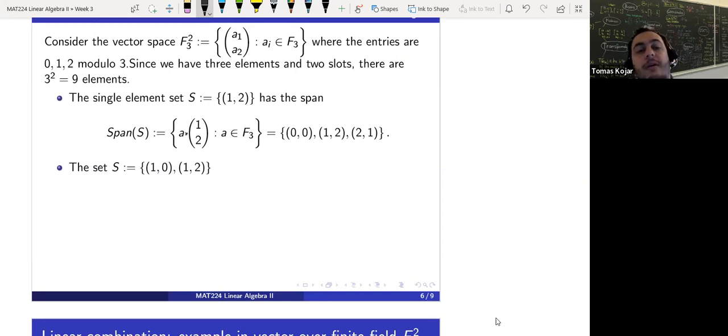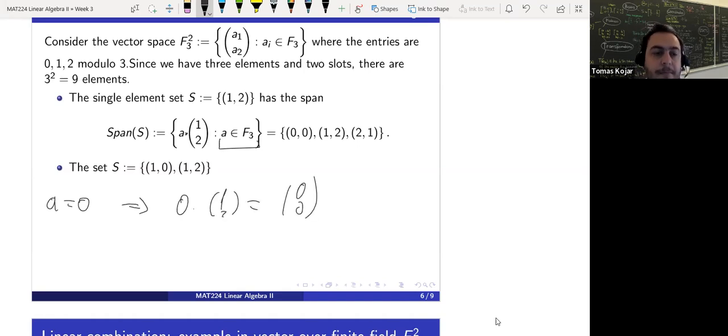It means you take all scalar multiples where your scalar comes from the underlying field. And this is the modulo group. So let me do it. You only have 3 choices. So if A is 0, then 0 times 1, 2 is equal to 0, 0. That's easy.